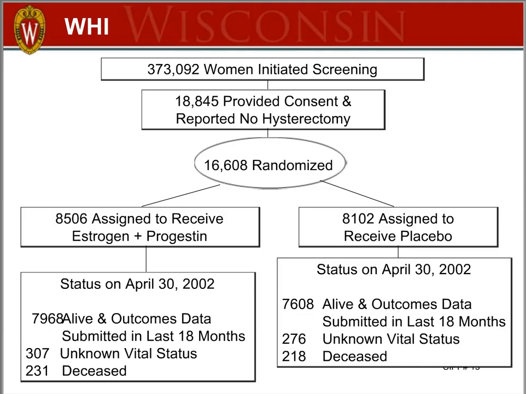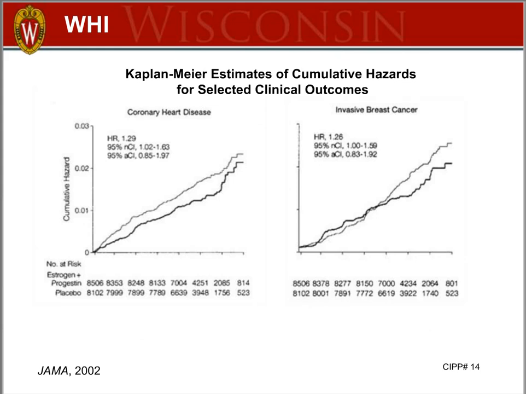However, if we examine the outcomes that we specified, we find some surprising results. First of all, in this graph, we have the hazard of incidence of coronary heart disease in the leftmost graph versus time. Each of those tick marks represents 1 year of follow-up.